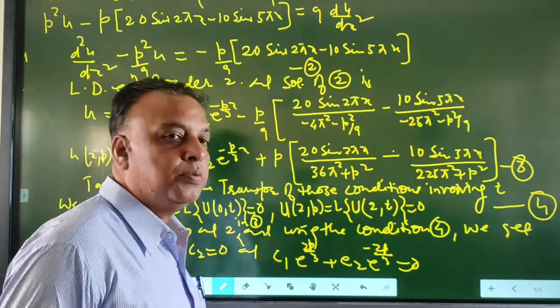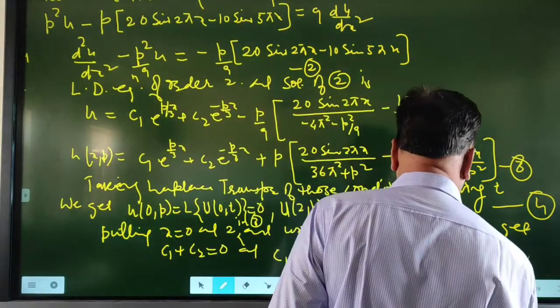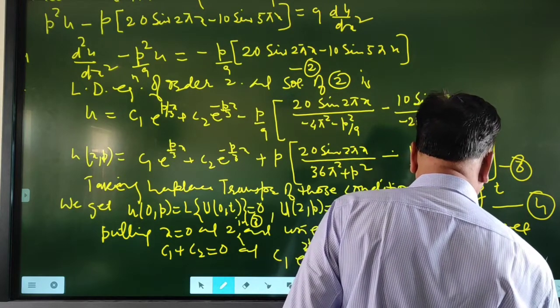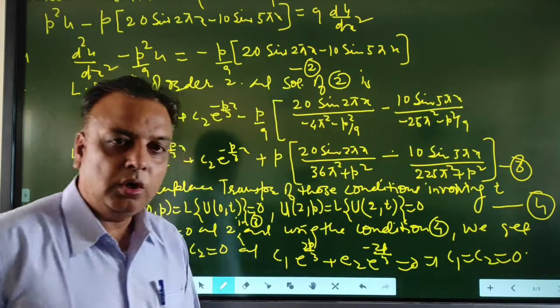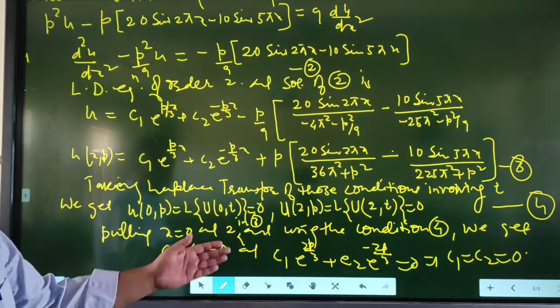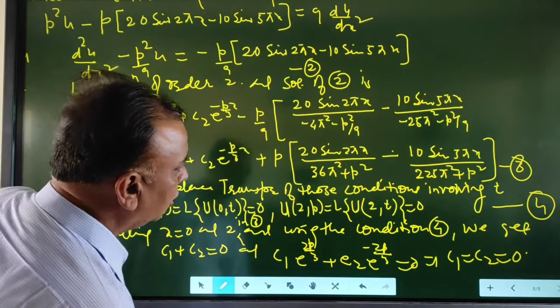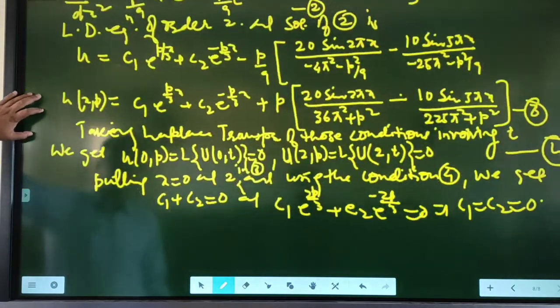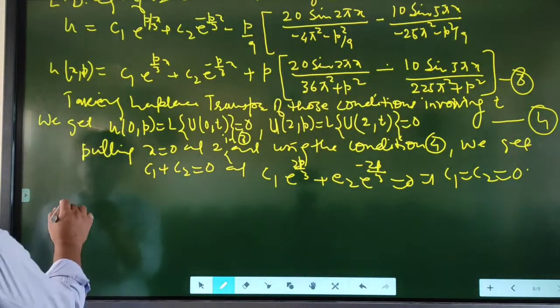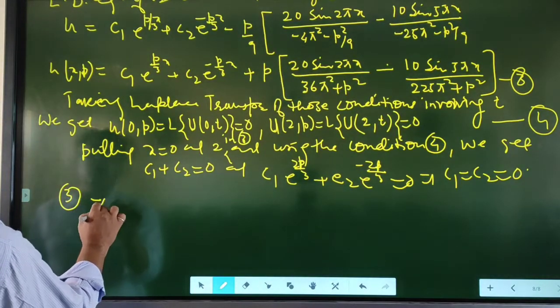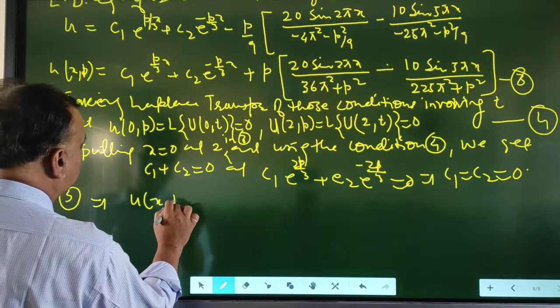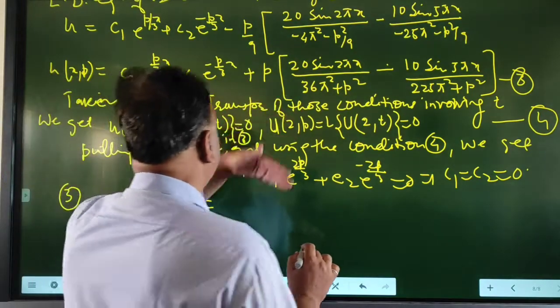Solving these two equations for c1 and c2, we get c1 is equal to c2 is equal to 0. So equation 3 reduces now.